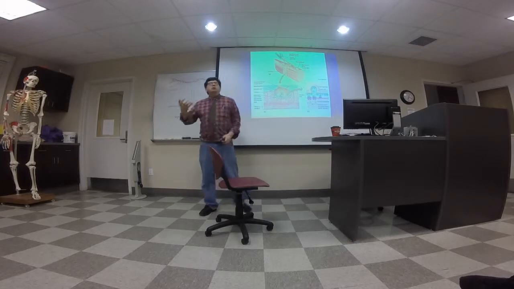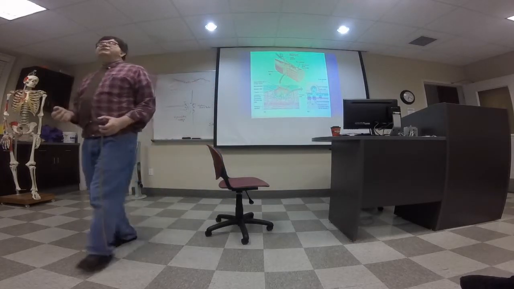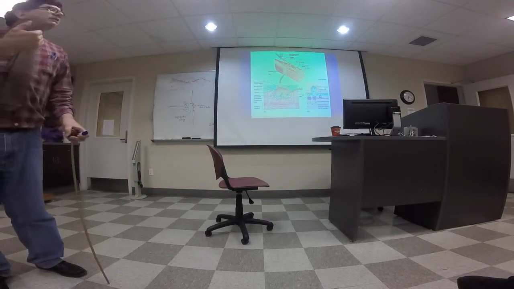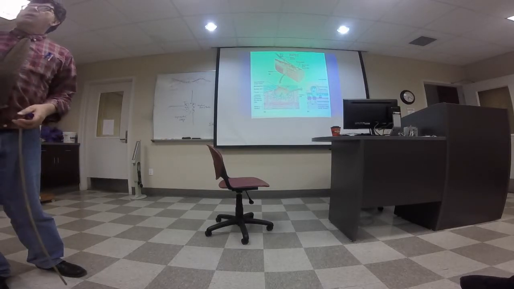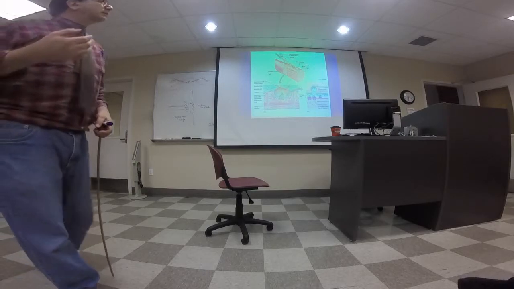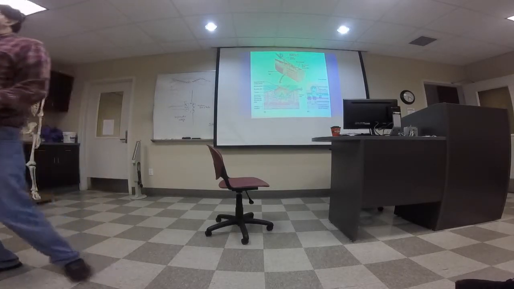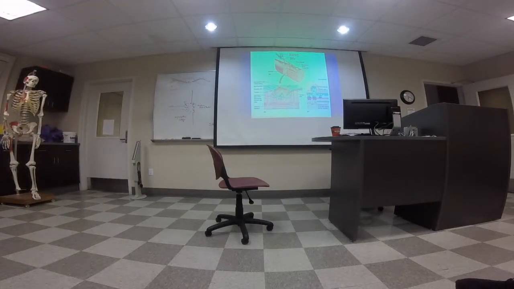But it turns out that more sodium enters than potassium leaves. So as sodium floods into the cell, it causes depolarization. It causes the interior of the sarcolemma to become more positively charged. If you have enough depolarization, it will propagate an action potential.